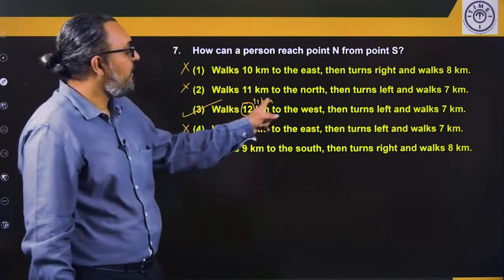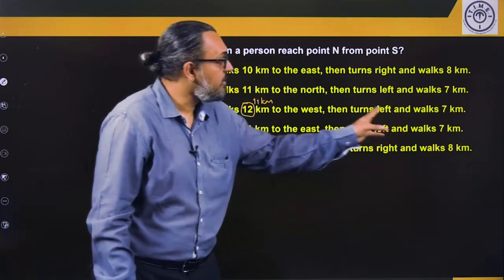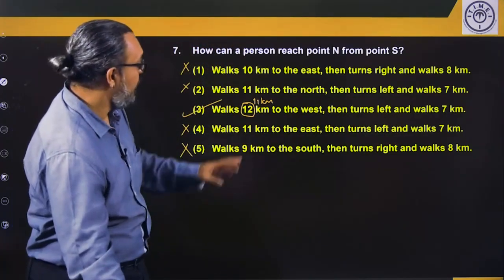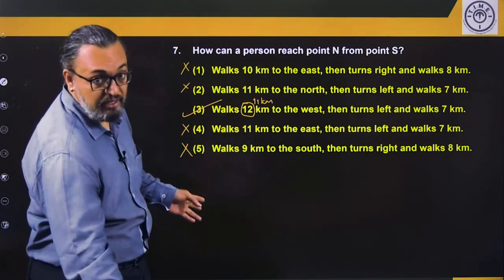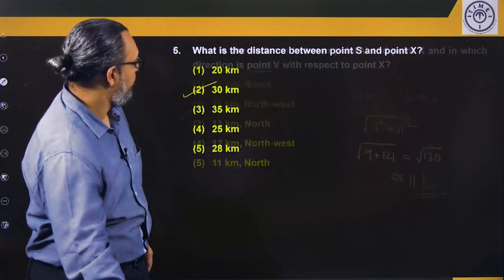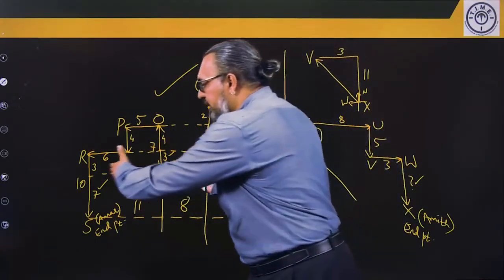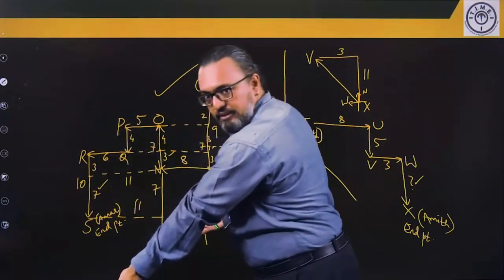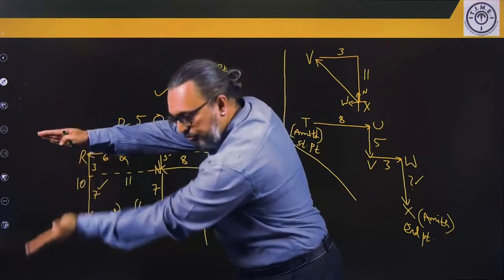So, he walks 11 kilometers west, turns left and 7 kilometers. Check, 11 kilometers west, turns left and 7 kilometers. See, 11 kilometers west, turns left, because see, if you are moving in the west direction, left is south only.